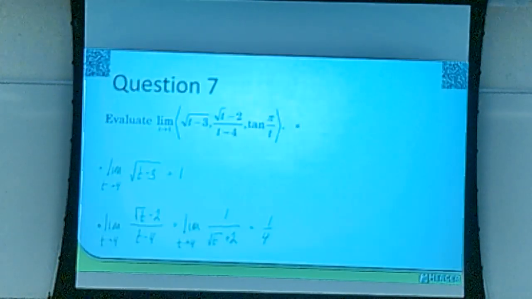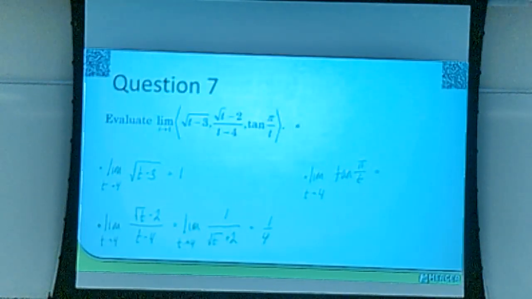What is that limit? Root 2 over 2. Wrong trig function. Which is what? Which one? Direct substitution works because tangent is continuous at 4.